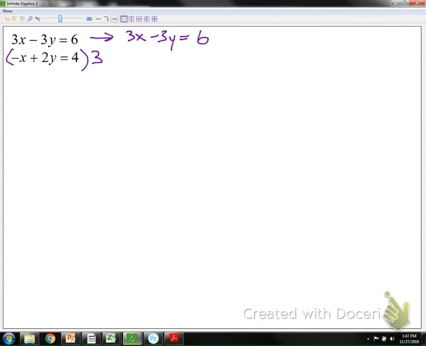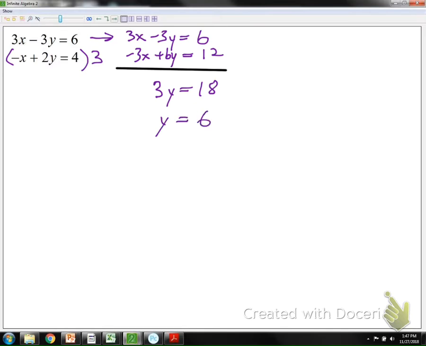And the second equation is going to be negative 3x plus 6y equals 12. Now we can eliminate the x by adding these two together. That'll give us 3y equals 18, which means y is equal to 6.